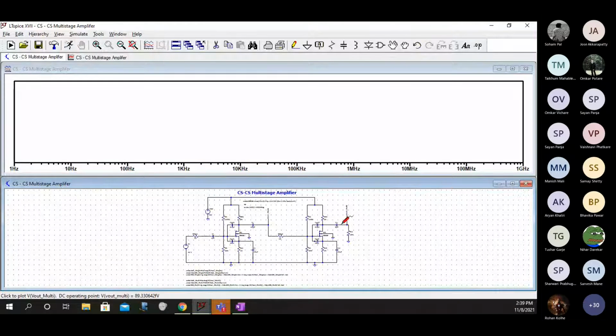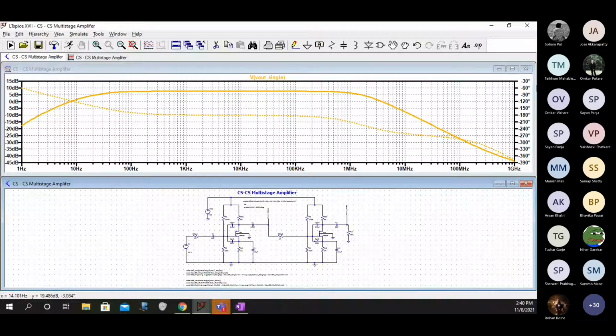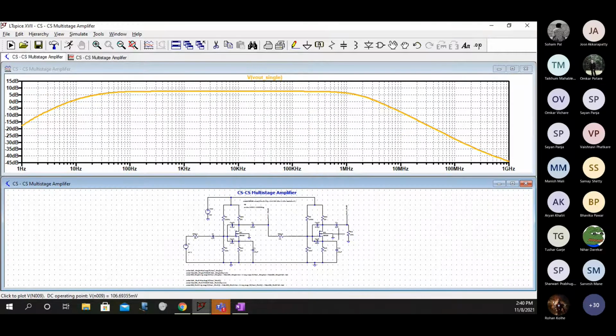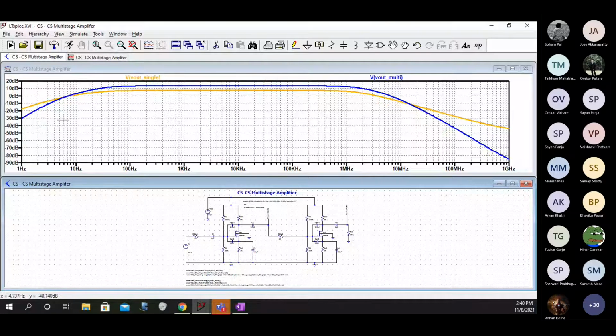You can see, first of all, I want to see my outputs. I want to see the output of the first stage. So this is Vout of the first stage, and this is Vout of the second stage.